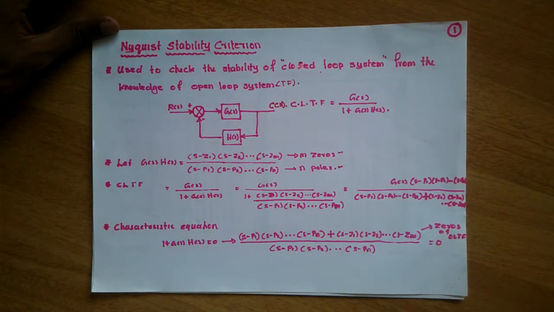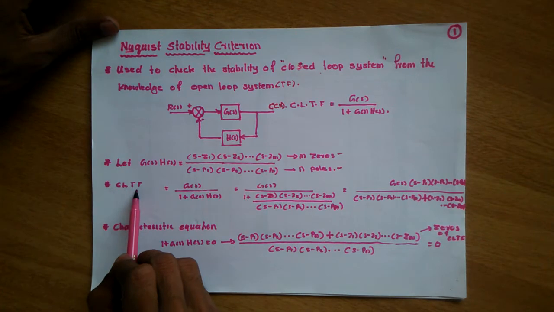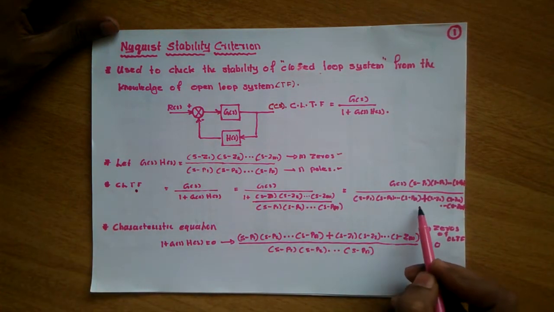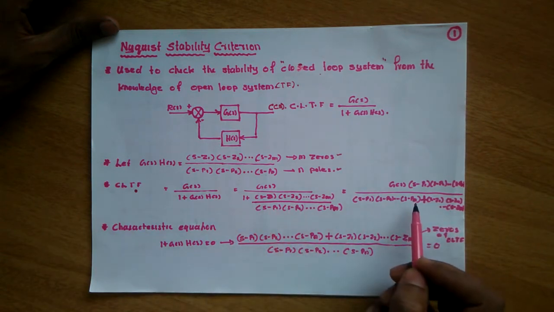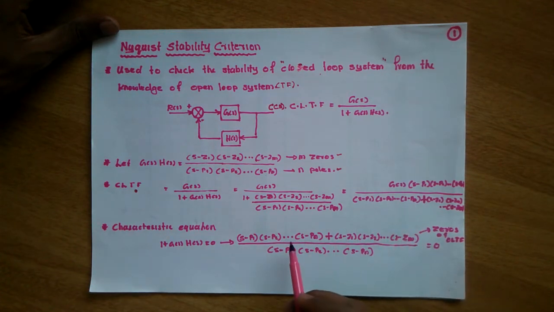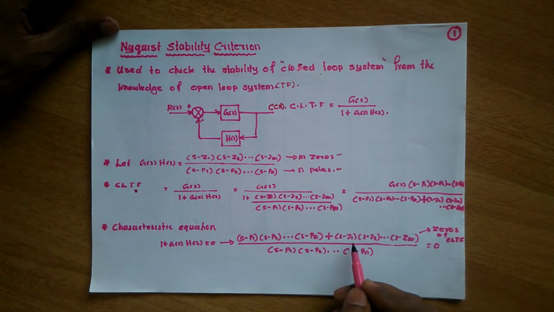So in order to analyze the stability of a closed loop transfer function, we need to know the location of poles of the closed loop transfer function, which is given by the denominator of the closed loop transfer function. So in Nyquist stability criterion, instead of finding the location of the poles of the closed loop transfer function, I will be looking to find out the location of zeros of the characteristic equation, because both are same.